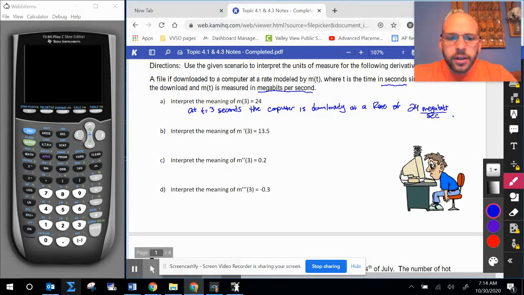Now, here's the part that you might be a little less familiar with. What is the meaning of m prime of 3?